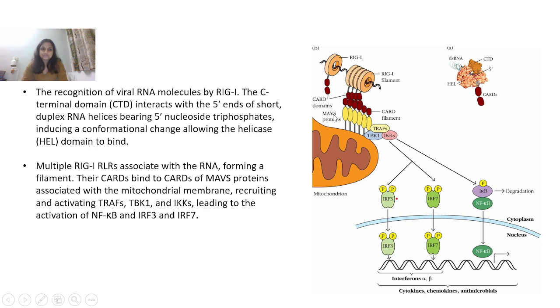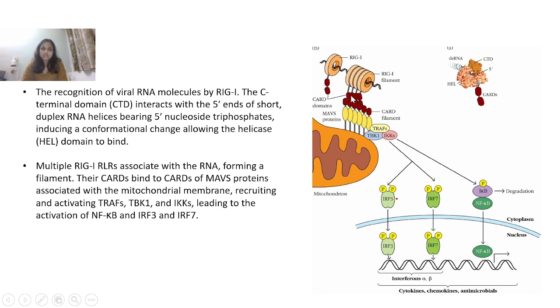The C-terminal domain of RIG-I interacts with the duplex RNA which has a 5' triphosphate. It thus allows a conformational change, allowing the helicase domain to bind.